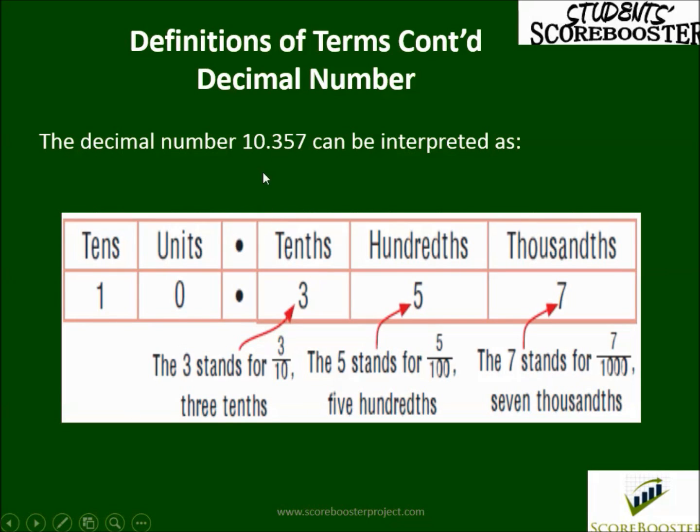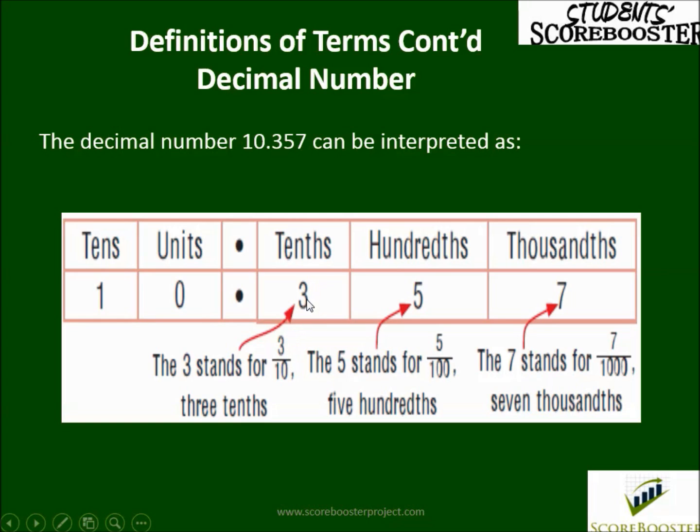For instance, when you have 10.357, you can interpret it as follows: the 1 is in the tens and the 0 is in the units. So this is 1 times 10, then 0 times 1 because it's a unit. Then the first digit after the point has a denominator of 10, so you have 3 over 10.